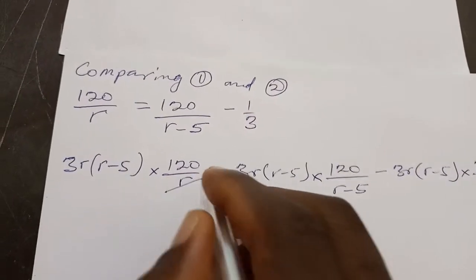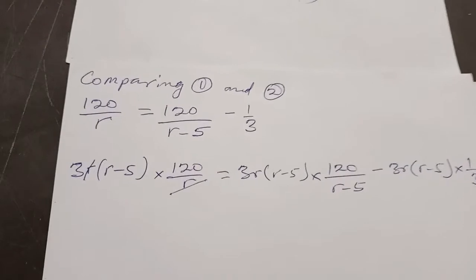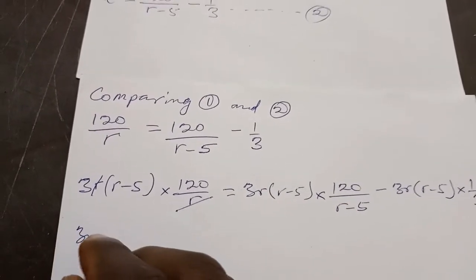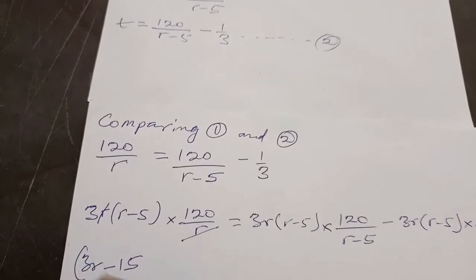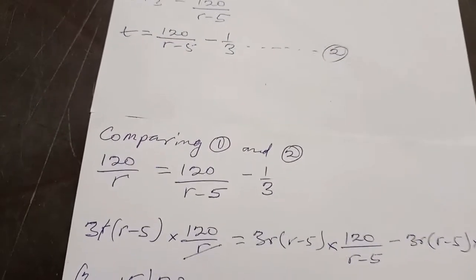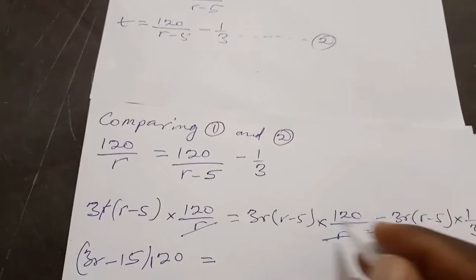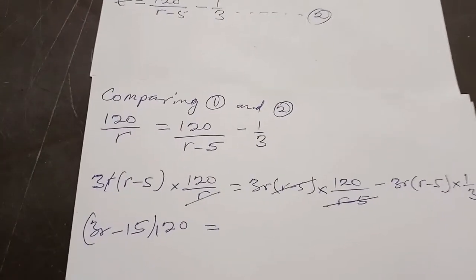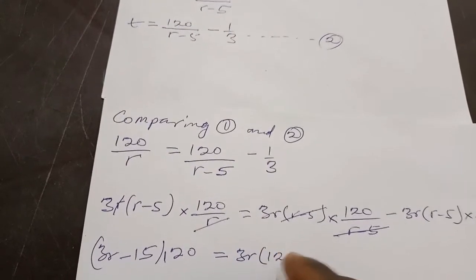All right. So now we are going to simplify this to get rid of the denominators. So this r here will cancel this r here. We are going to have 3r minus 15. Then this one, 120, will be multiplying this, being equal to r minus 5 here, cancel r minus 5 here, we are going to have 3r times 120 here.